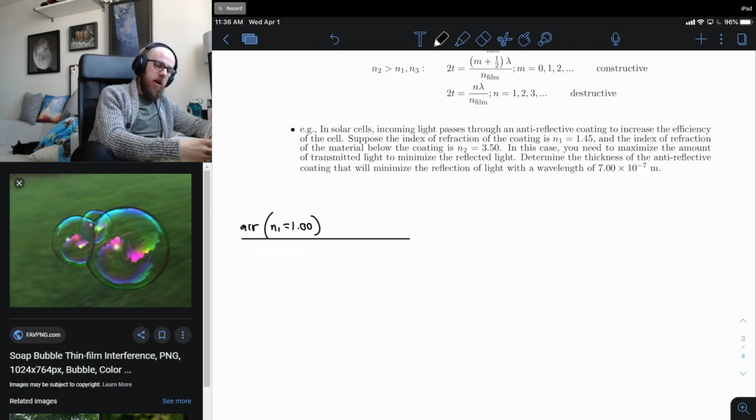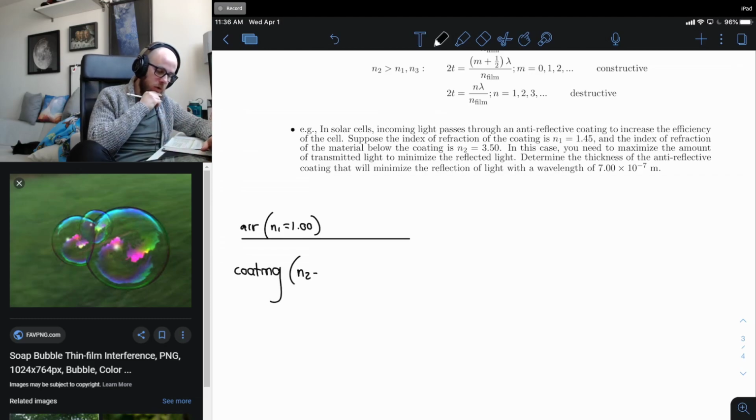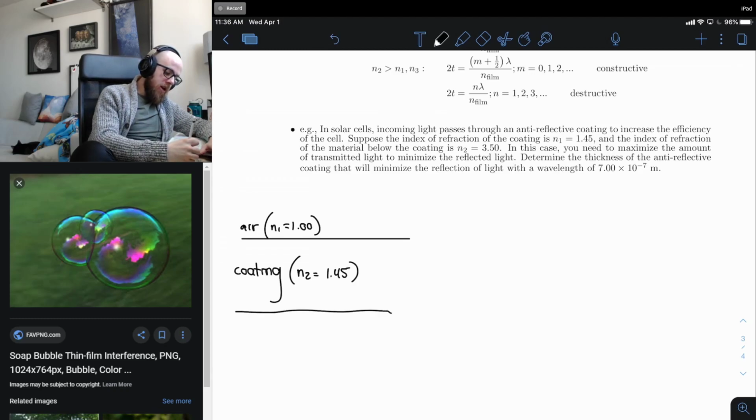And then the solar cell is treated with some anti-reflective coating. So N2, we are told, is 1.45. Okay. And then this coating is on a substrate that has an index of refraction of 3.50.